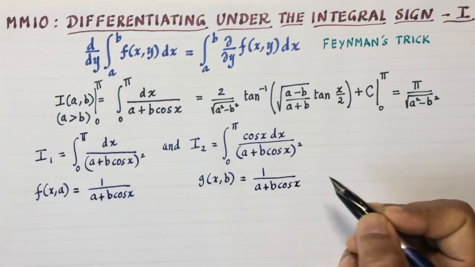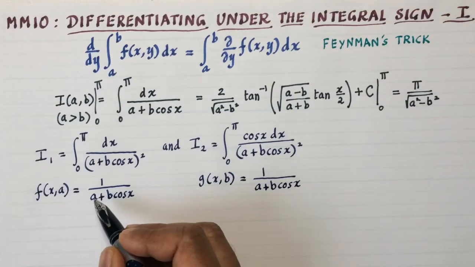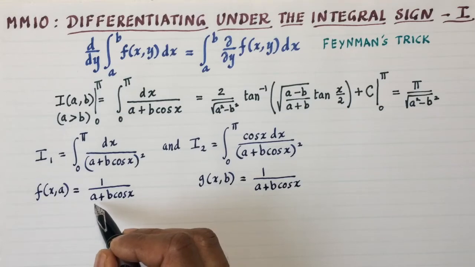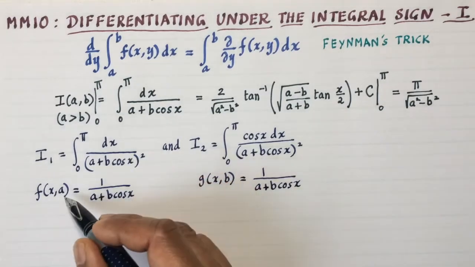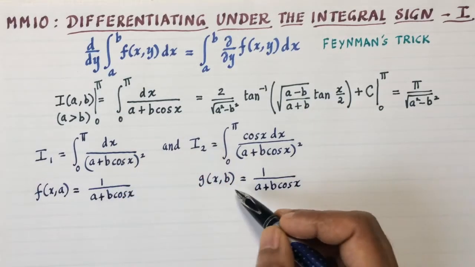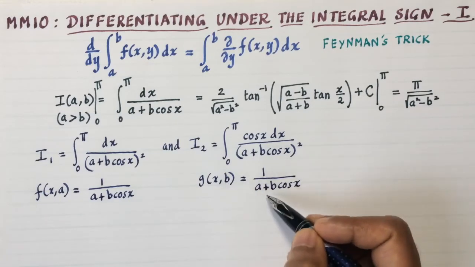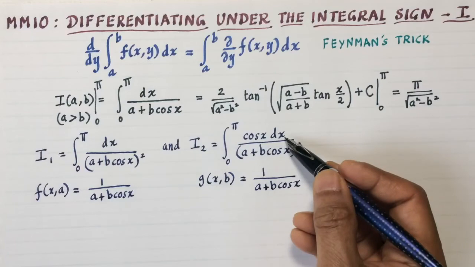Well, they look like the same function, so what's going on? Here I'm going to regard this function as a function of x and a, because I'm going to differentiate with respect to a and get there. Here it's a function of x and b because b is given importance, because I'm going to be differentiating with respect to b and get that.